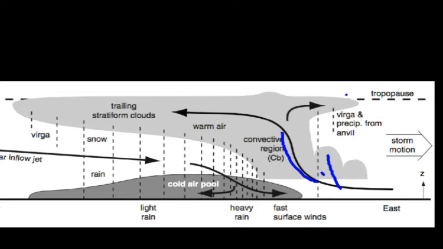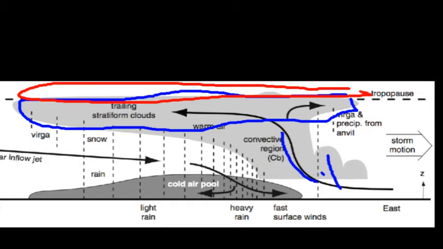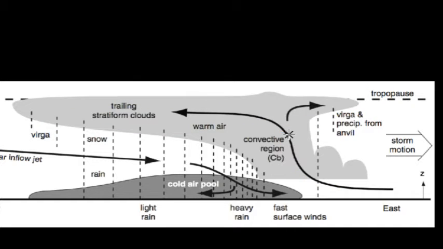They can also be identified by the anvil size, and Robert Maddox, back in 1980, did a very important paper that identified MCSs, and he was looking at the total area as seen on enhanced infrared imagery. And I think his definition was 30,000 square kilometers for 3 hours.